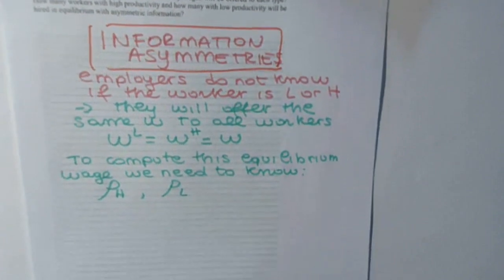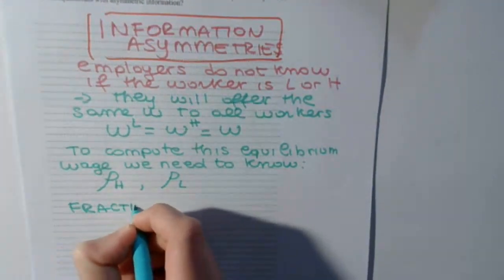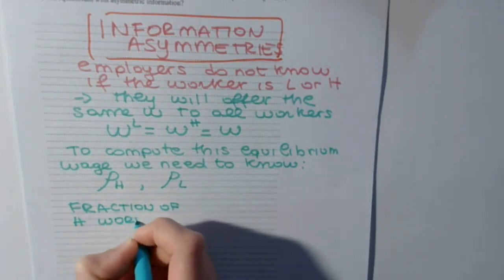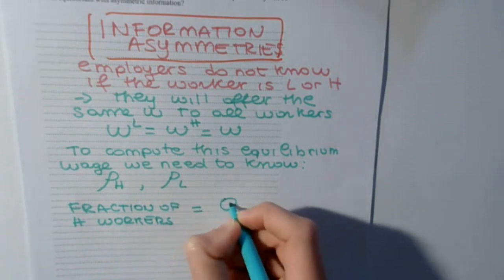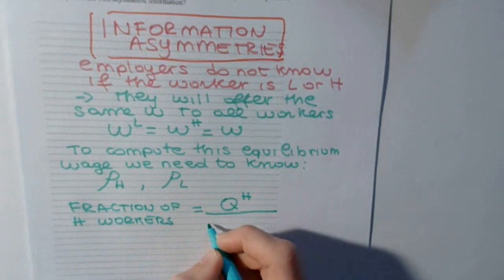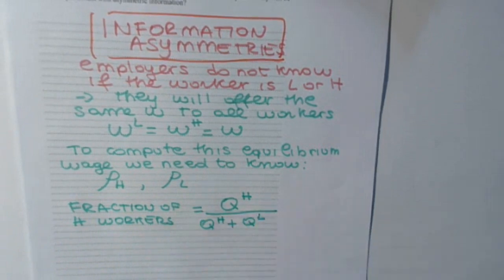Okay. So first of all, we start with the fraction of H workers, so probability of H. So what do we do? We take the total amount of H divided by the total amount of workers, because it is a probability. So basically we take the favorable cases over all possible cases.